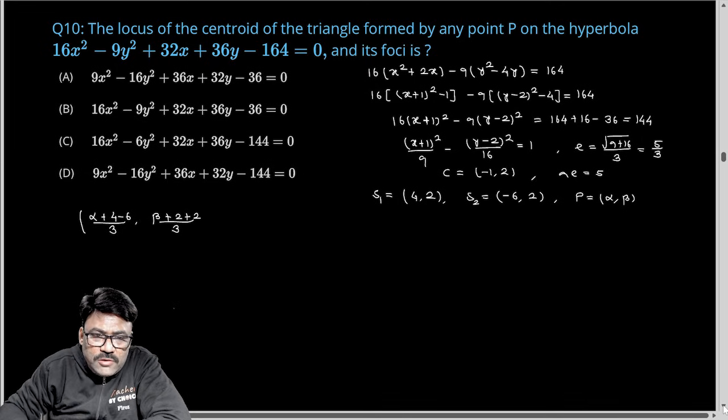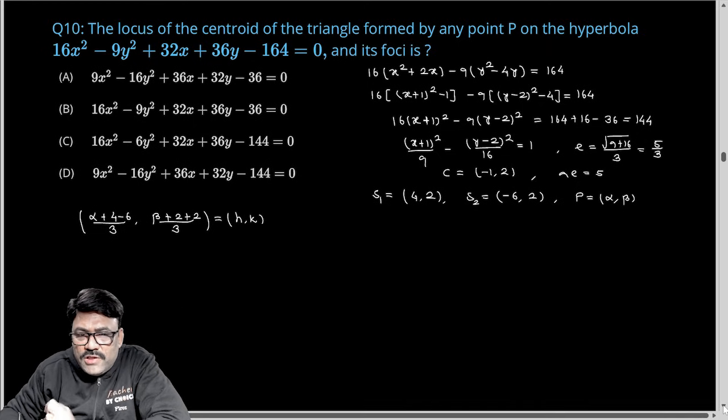And since I need the locus of the centroid, let's say this point is h comma k. To get the locus, I have to relate h and k. So I'm getting alpha is equal to 3h plus 2, and beta is equal to 3k minus 4.